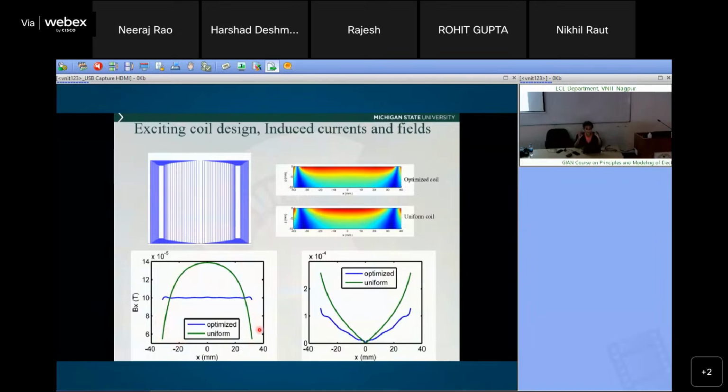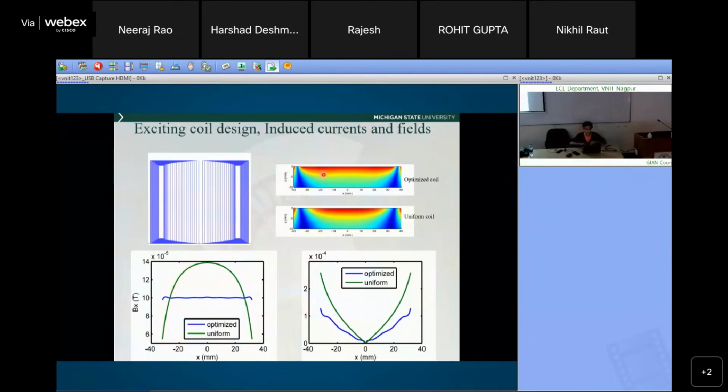If we want to scan 2 rows at the same time, those 2 rows are going to be somewhere here and here, so it's not going to get the maximum performance. What we wanted is something where the induced field or the induced current is going to be flat over this region of the coil.